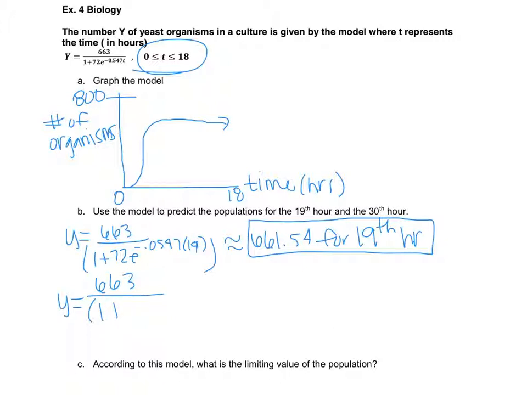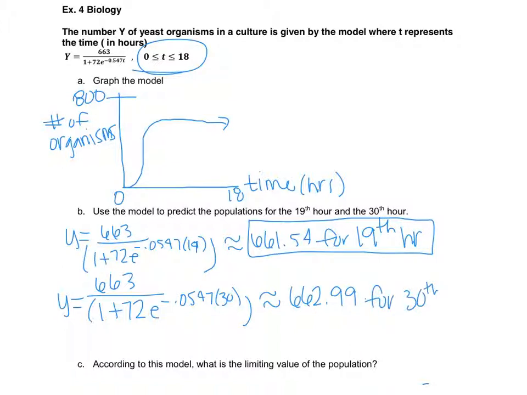Again, in parentheses, the whole bottom in your calculator, e to the negative 0.0547 times 30. And when you plug all of that in, you get about 662.99 for the 30th hour. And that's going to be my two answers for that part.